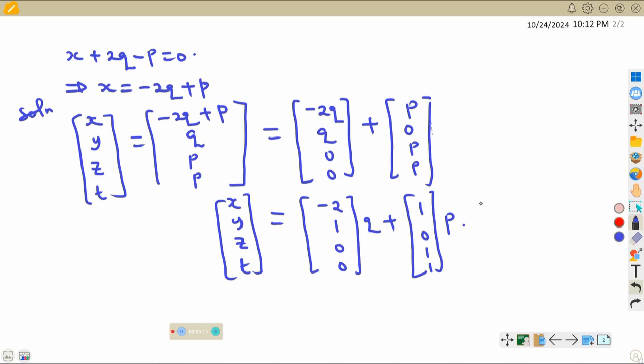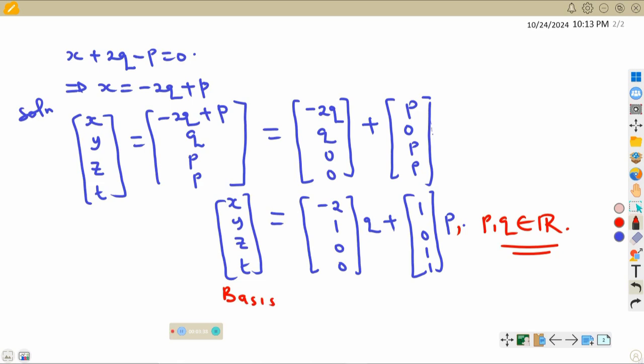Now we need to obtain the basis and the dimension. But remember, p and q are parameters, taken from the set of real numbers. So from here, what will be the basis?